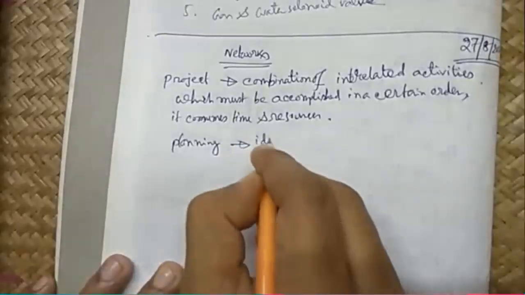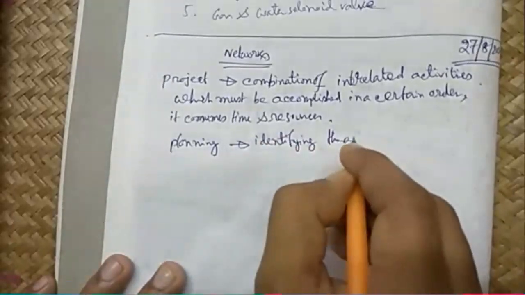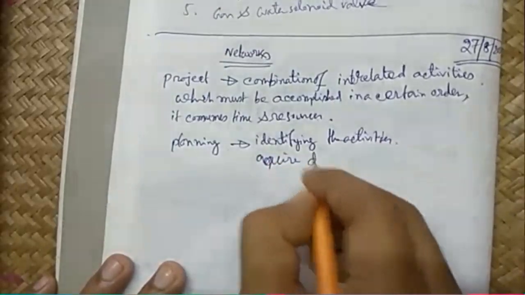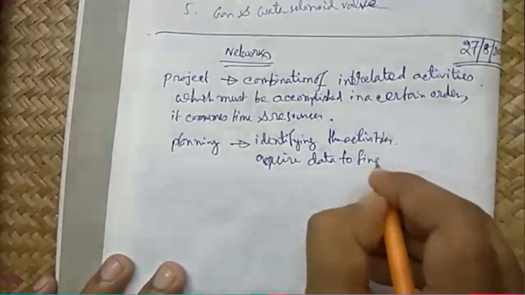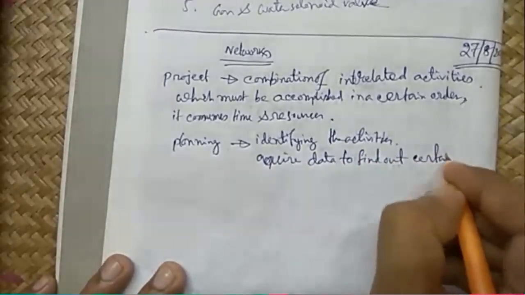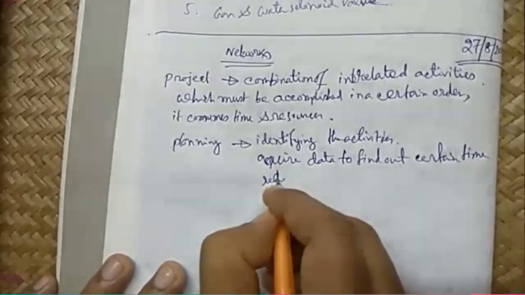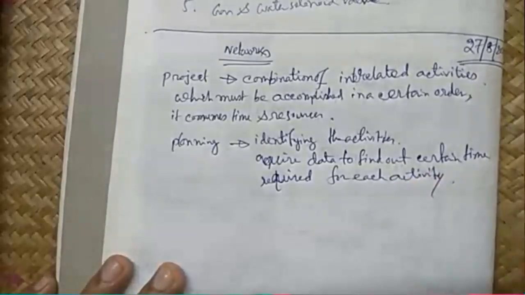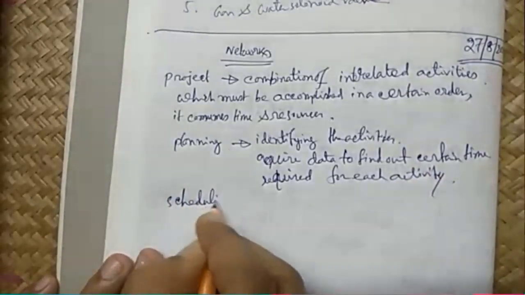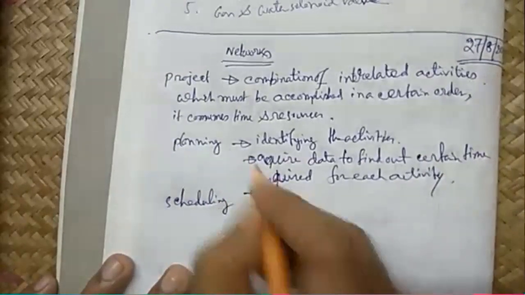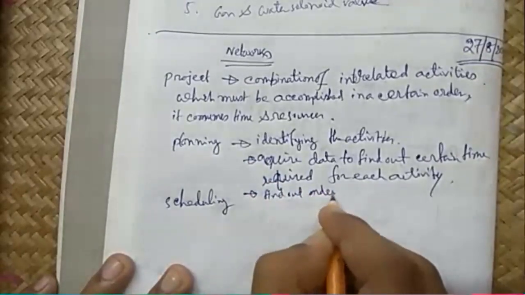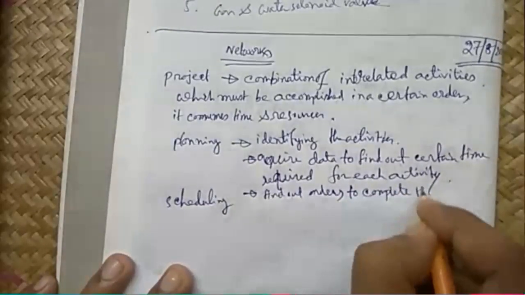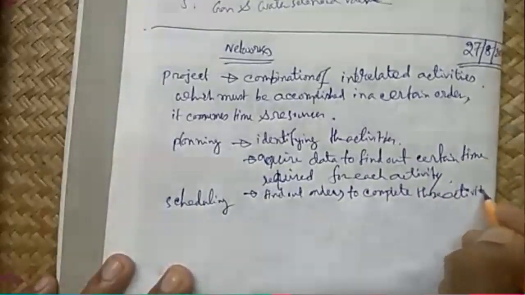Planning includes identifying the activities and acquiring data to find out the time required for each activity, and also finding the order or sequence to complete those activities.